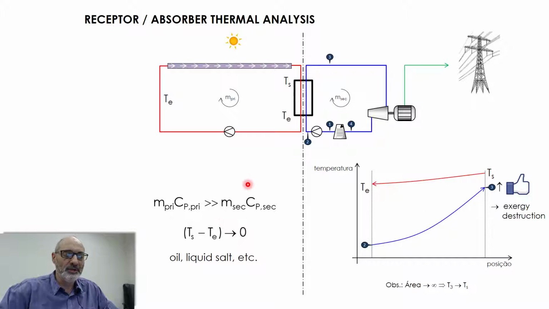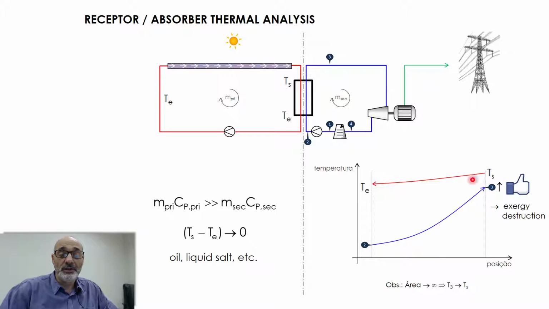The better situation would be something like this. The heat capacity of the primary fluid is much larger than the heat capacity of the secondary. So that's the same analysis: for each energy released from the hot one to the cold one, the temperature drop is smaller than the temperature rise of the secondary.